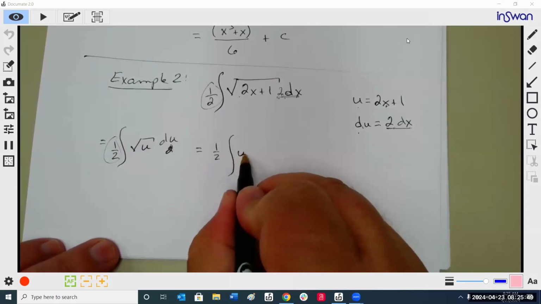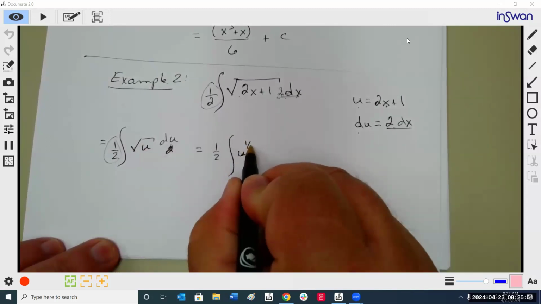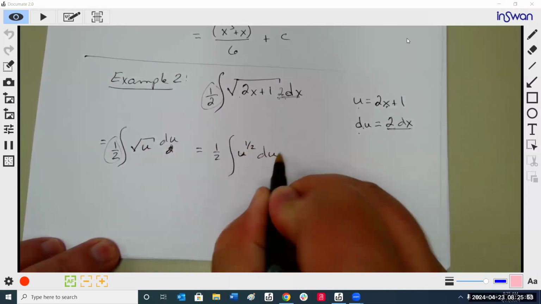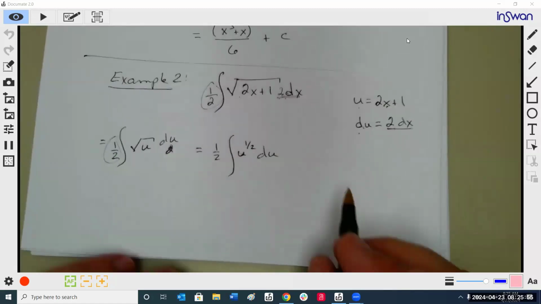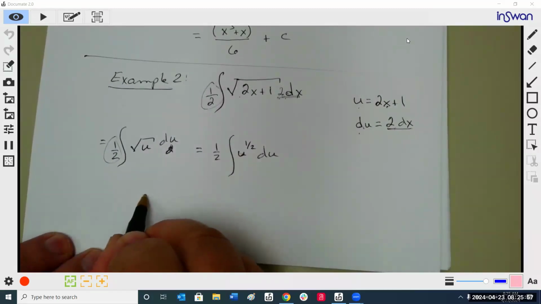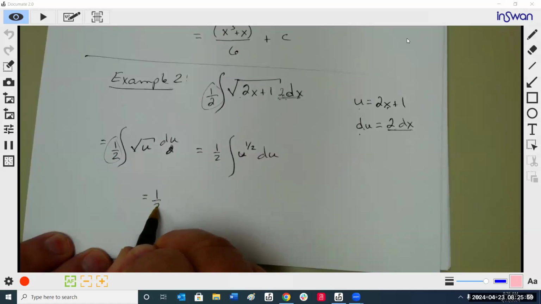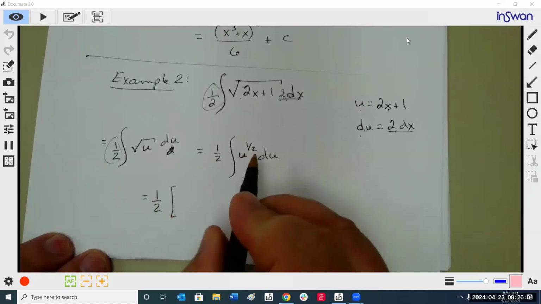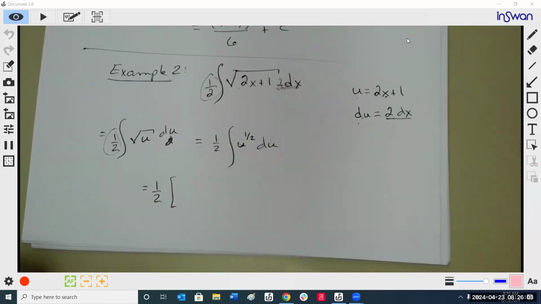Now, as we said earlier, we take the radical, make it into an exponent, and integrate that. What's the integral of u to the power 1/2?